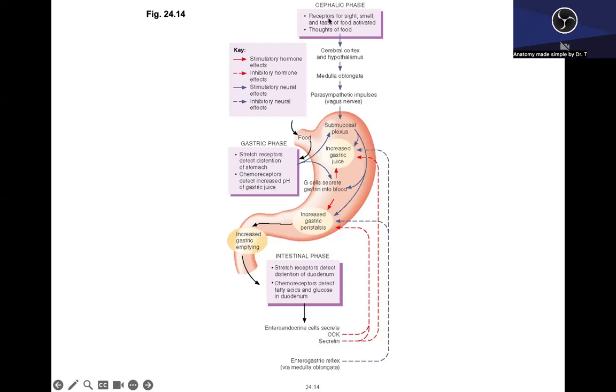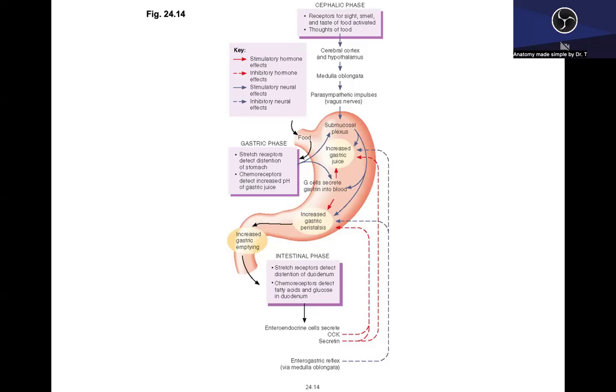Receptors of a different kind, whether it's eyes or nose or our mouth and taste buds, identifying something as food, or just thinking about food, which is interesting, will start producing signals by the cerebral cortex, the uppermost and most developed part of it, and the hypothalamus, which will send signals down to the medulla oblongata, which is the brainstem.